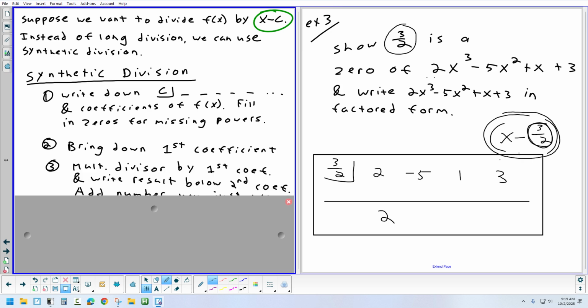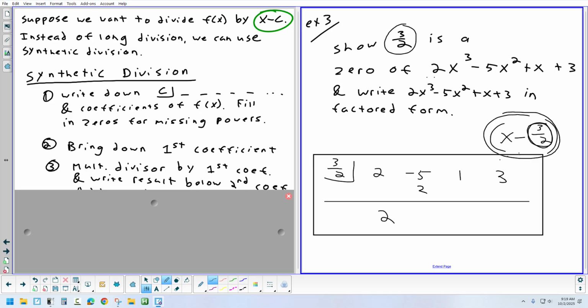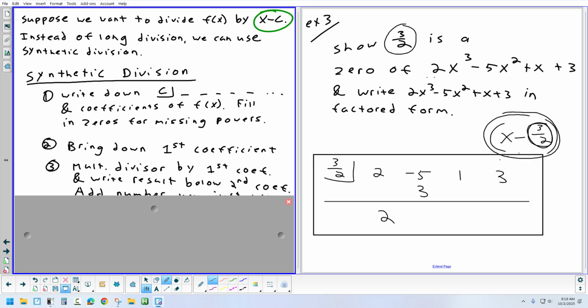Now, we're going to multiply the number on the outside, so the divisor, times the number we just brought down. What's 3 halves times 2? Yep. 3. And you're going to put that number right there.